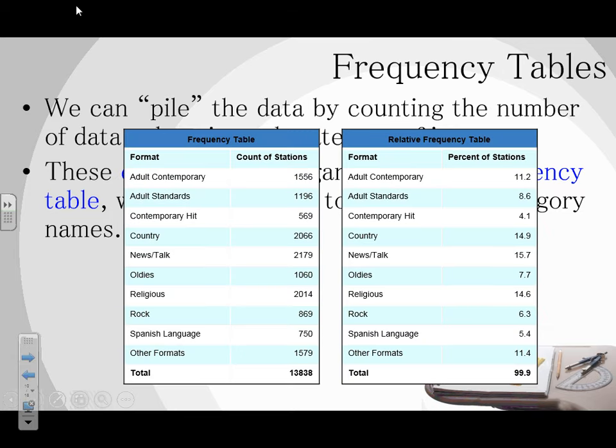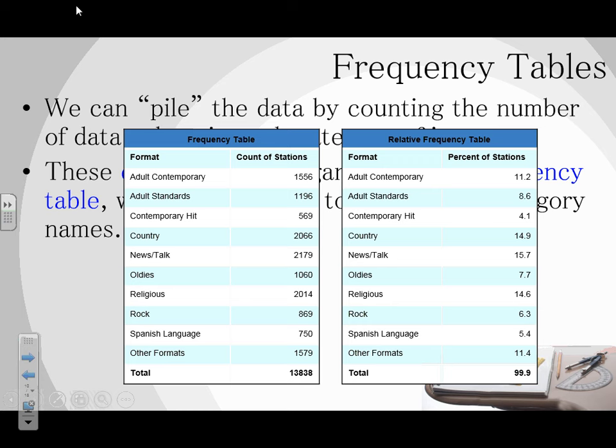So here's what a frequency table can look like. Okay? So in a frequency table, what we're looking at here, this is an example from your book, they wanted to look at radio stations throughout the U.S. and just kind of see what type of music are they playing. So what are the radio stations across this country? What are they playing overall? Okay?